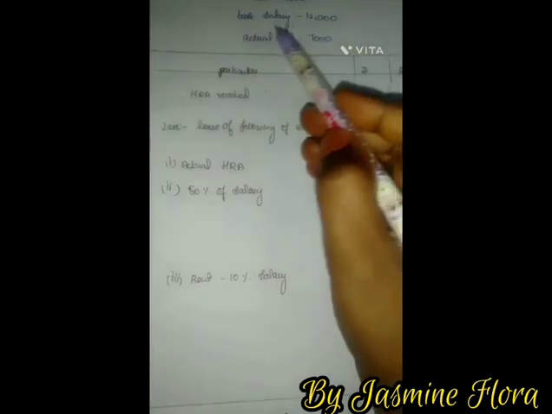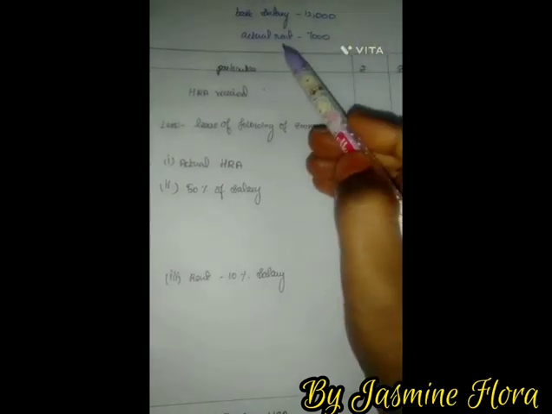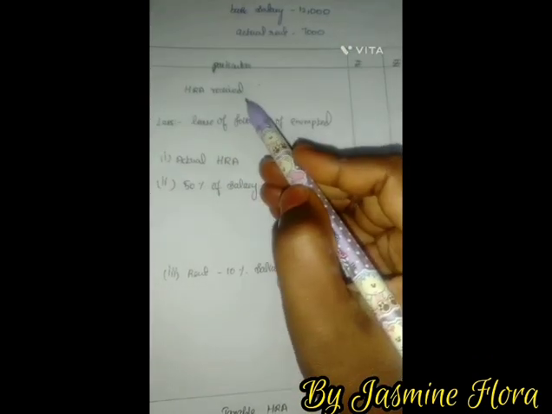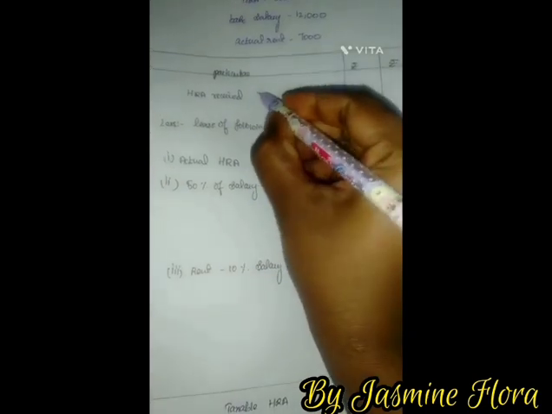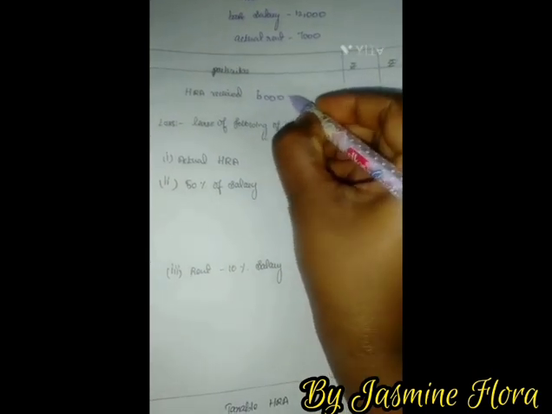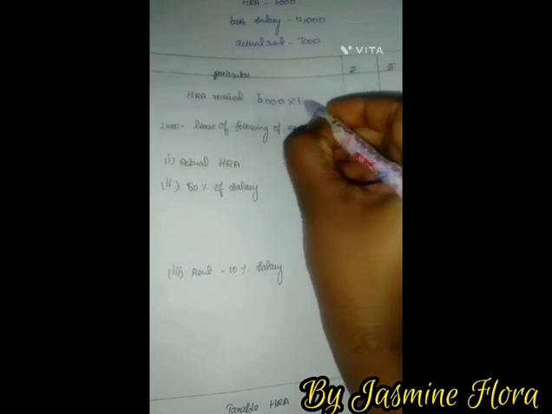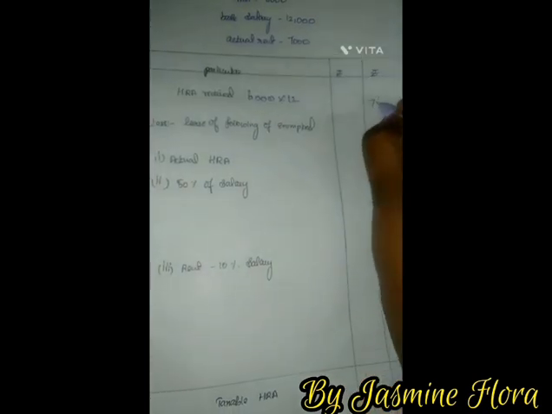HRA 6,000, basic salary 12,000, actual rent 7,000. HRA received 6,000 into 12 months, 72,000.